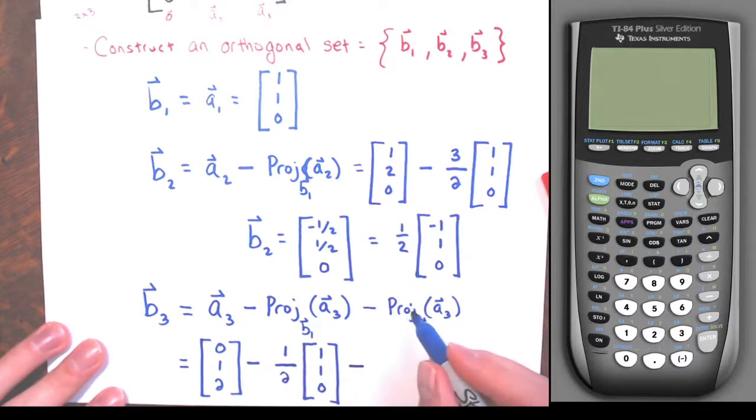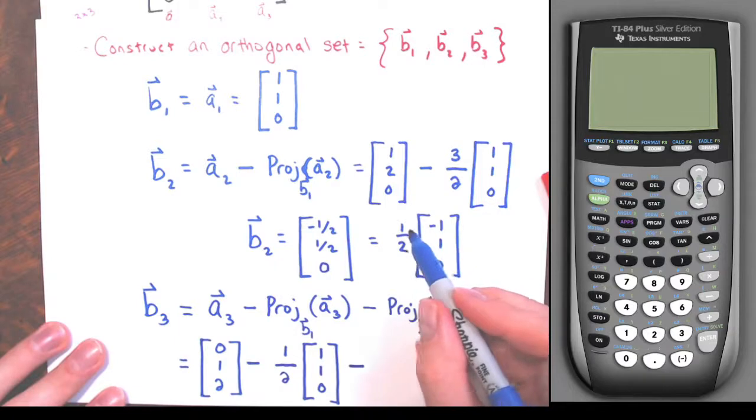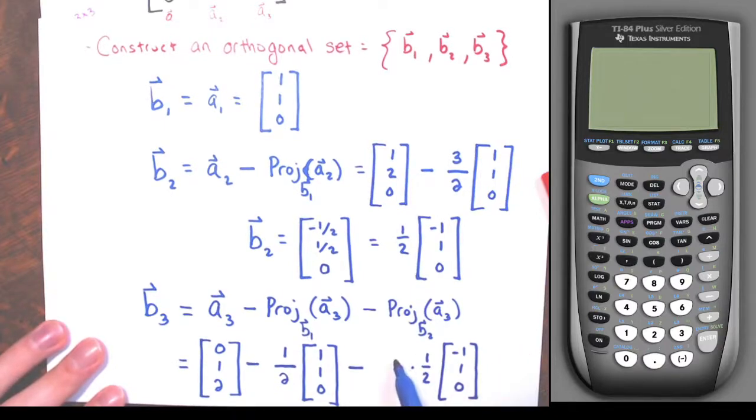Minus, and then a projection of A3 onto B2. So I'm going to have a scalar multiple of B2. I'm going to write B2 this way: half of negative 1, 1, 0. This was B2 times a scalar. Again, the numerator of the scalar is the dot product of B2 with A3.